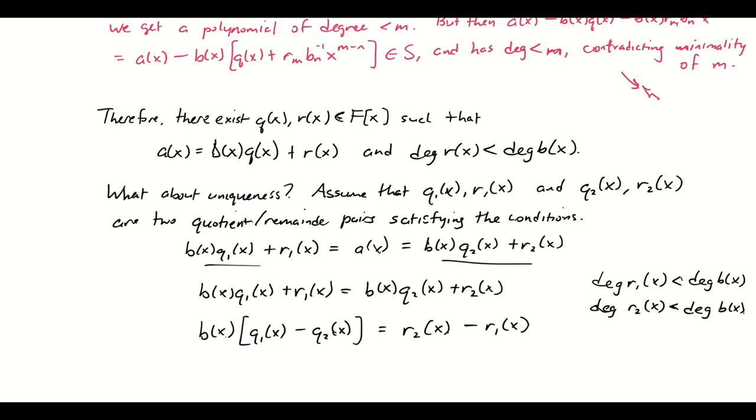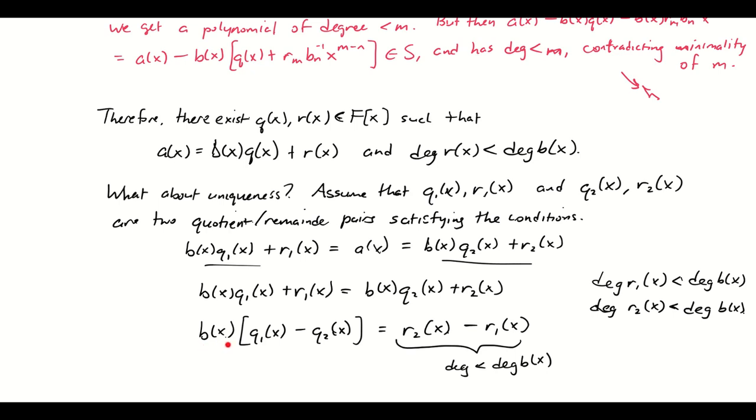So that means that when I subtract r2 minus r1, I'm still going to get a polynomial whose degree is less than the degree of b of x. Because if b of x is, for example, cubic and my remainders are both quadratic, well, subtracting two quadratics is never going to give me a cubic. It could give me a quadratic or a linear or a constant or zero, but never a cubic. So the degree of this difference is definitely going to be less than the degree of b of x.